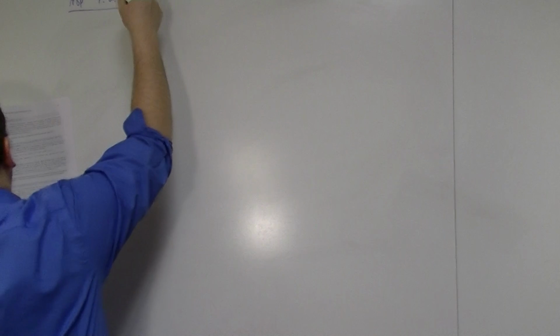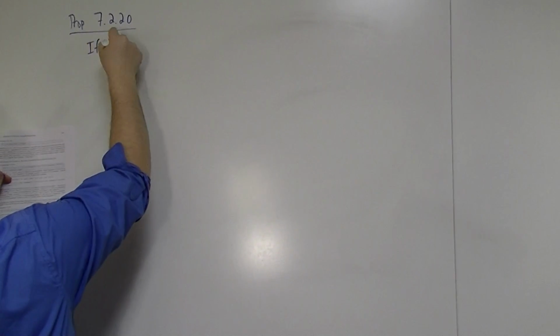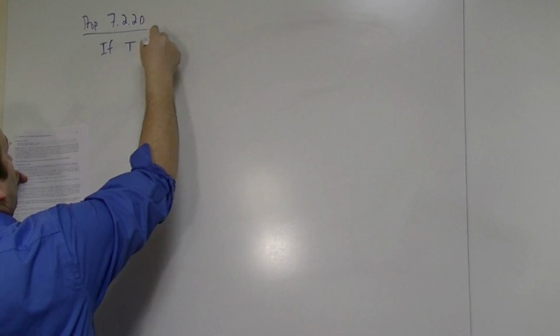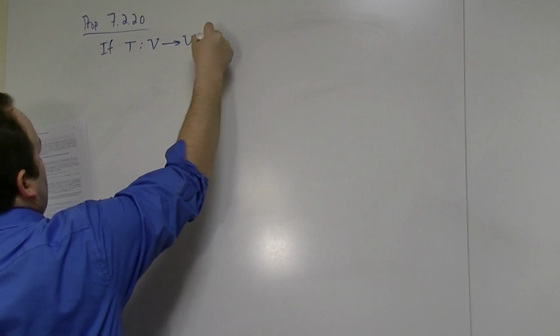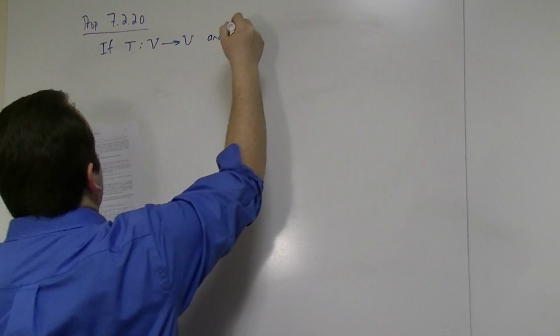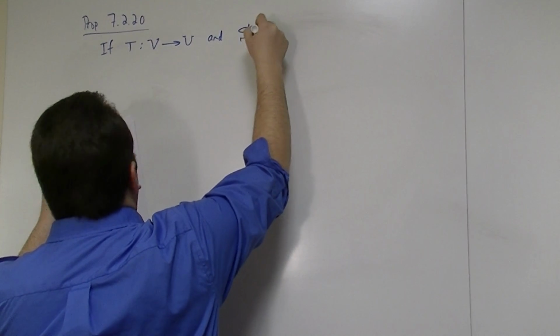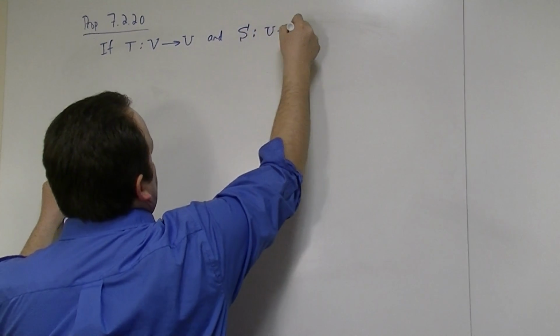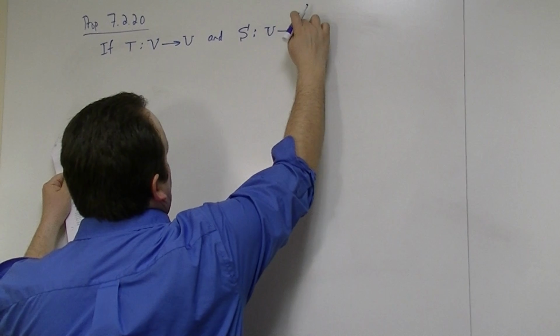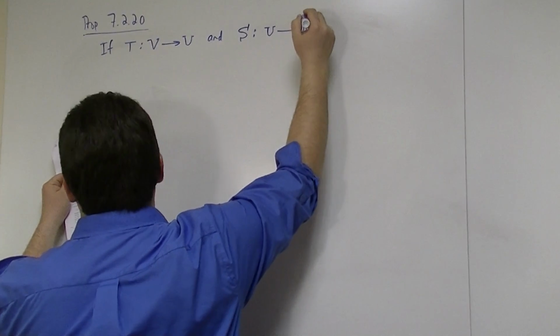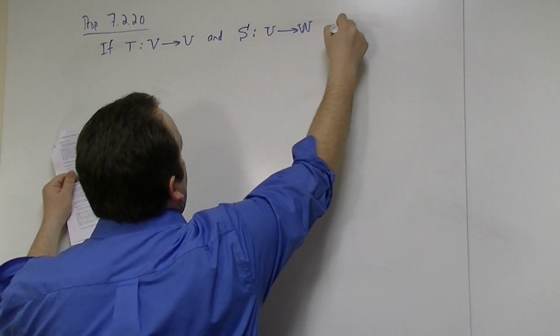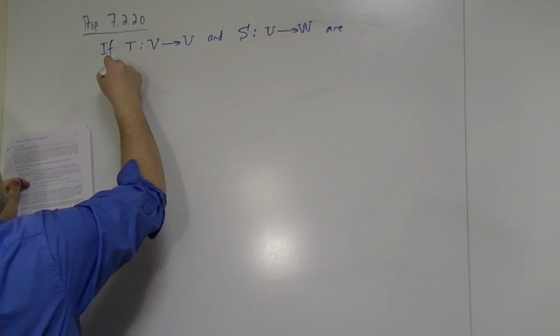Okay, so proposition 7.2.20, we've got if T is a mapping from vector space V to vector space U, and S is a mapping from U to W. Actually, these aren't just any mappings. I'm assuming that these are isomorphisms. Guess what?